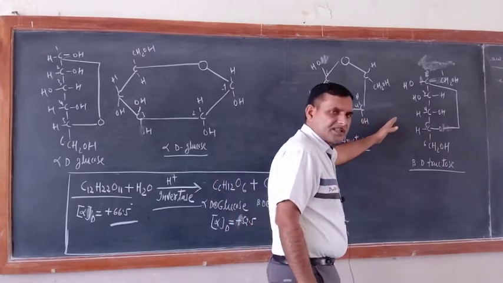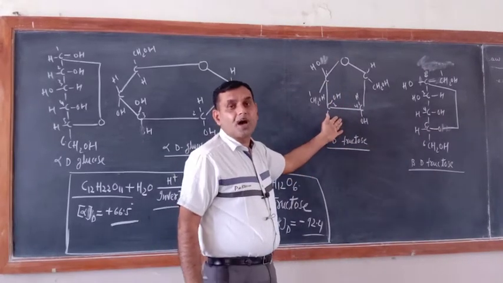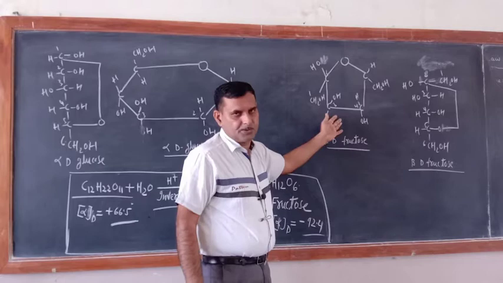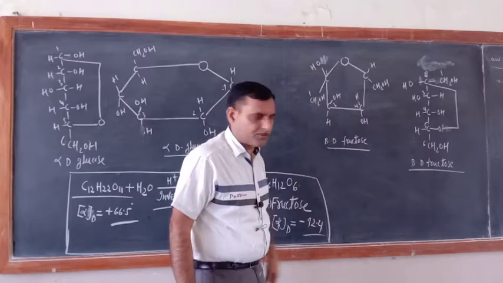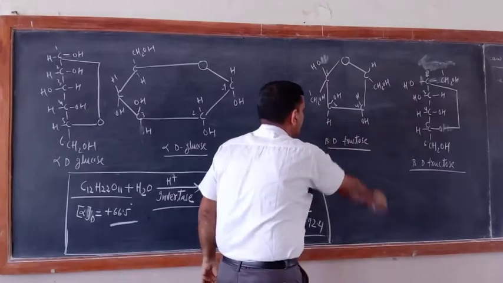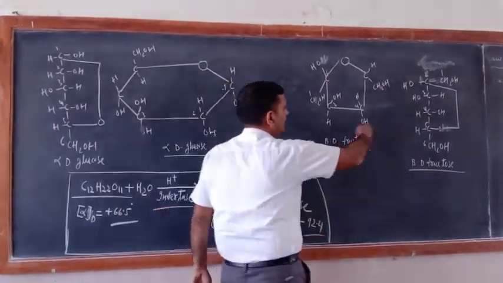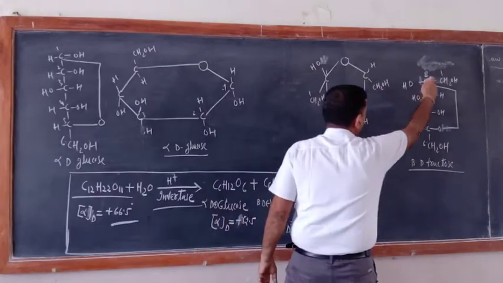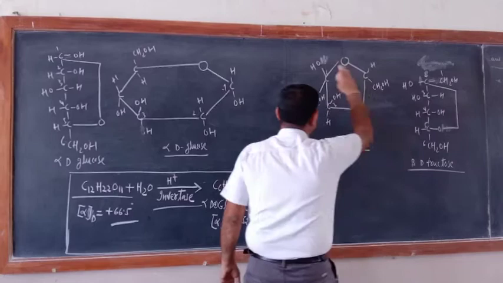Now on the basis of this cyclic structure, you make the furanose structure of fructose, the furan-like structure. Very easily you can make it. Same rule: those on the right will be down.